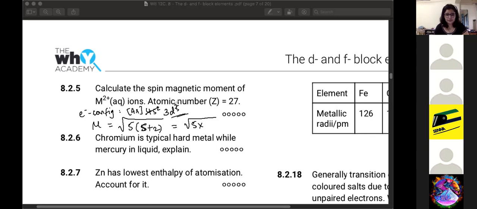So this is going to be 3d7. 27, right? Calcium 20 is 4s2 and then it's going to be 3d7, which means that out of 7, 2 of them are already paired, so it's going to be 3 unpaired electrons. My bad. So this is going to be root 3 into 3 plus 2, so that'll be root 3 into 5, which equals root 15.